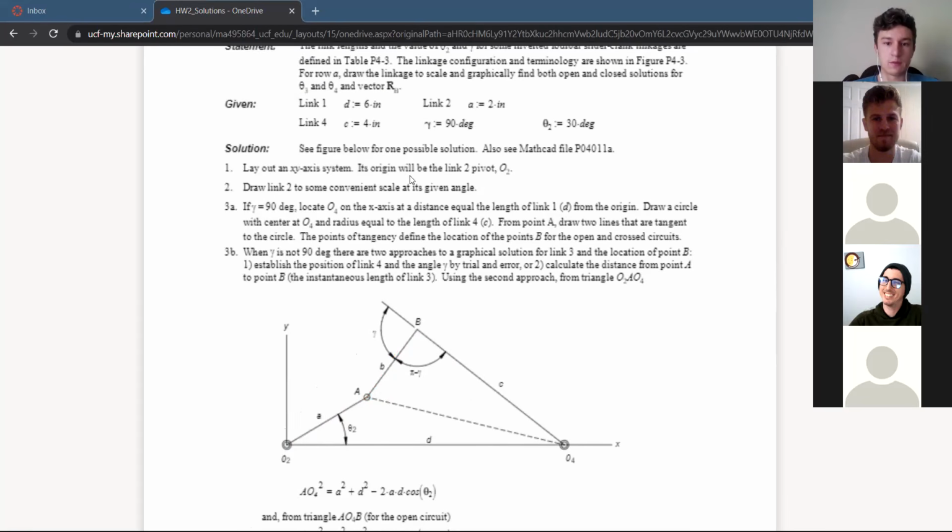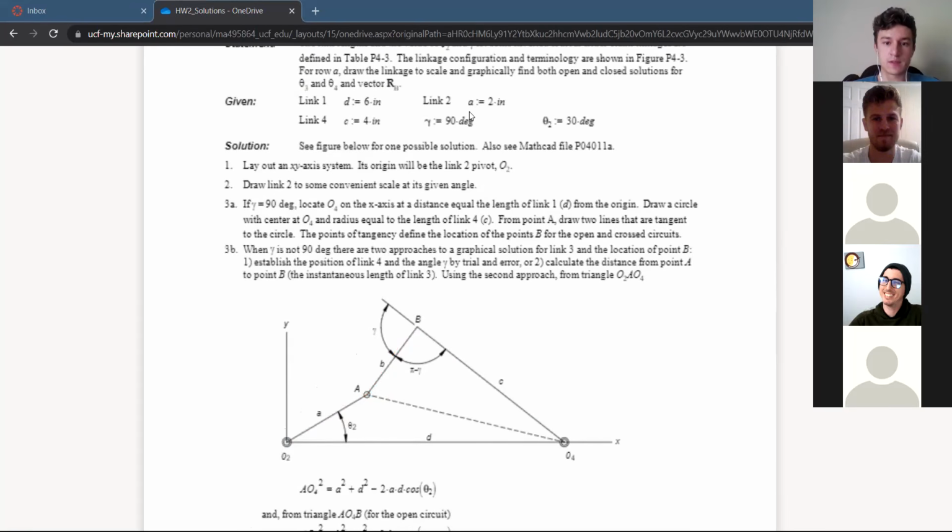So we're given theta 2 is 30 degrees. So we know our theta 2 is in this position. However, now we want to know the 2 different positions. So like we were saying earlier, we can either have the open position, I think it'll look something like this, or your cross position.